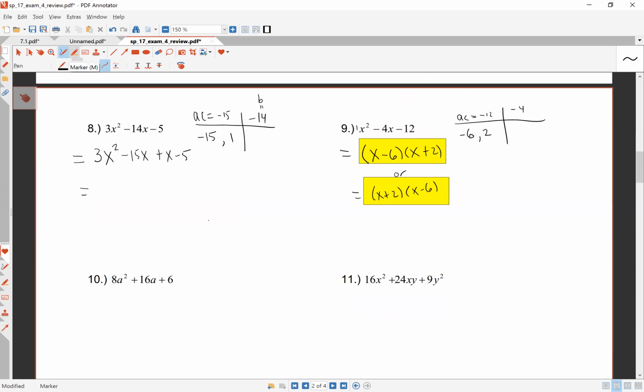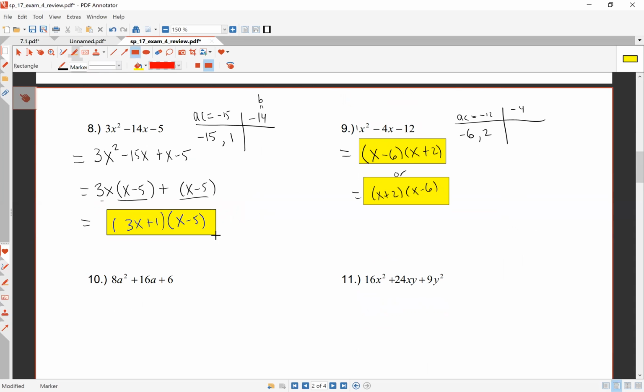We factor out the 3x from both of those, and we're left with x minus 5. This is an x minus 5. Now we have a common binomial. We factor it off to the right-hand side, and we're left with 3x plus 1. 3x plus 1 times x minus 5.